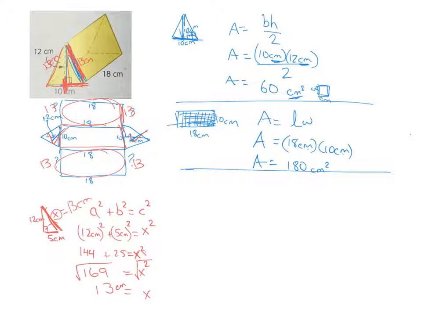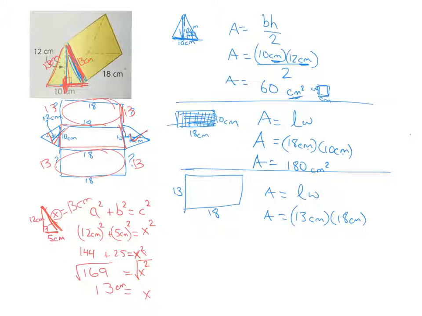So the last thing I've got here is another rectangle. That rectangle looks big. 13 centimeter side, 18 centimeter side. Remember, area is length times width. So in this case, length is 13 centimeters times my width, which is 18 centimeters.